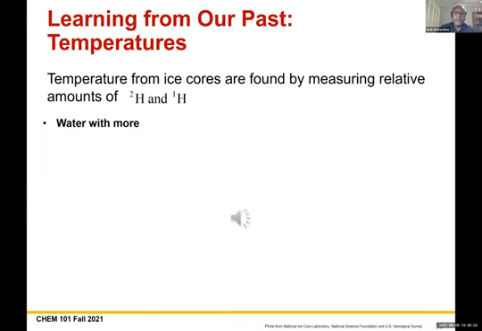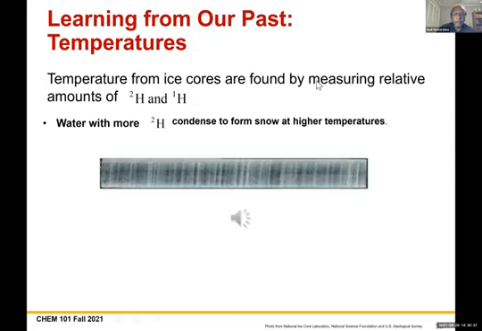When the earth is warmer, deuterium concentration is higher. So if you analyze ice cores for deuterium content, there's a series of lines here that show changes in deuterium concentration. This is the seasonal variation in carbon dioxide.